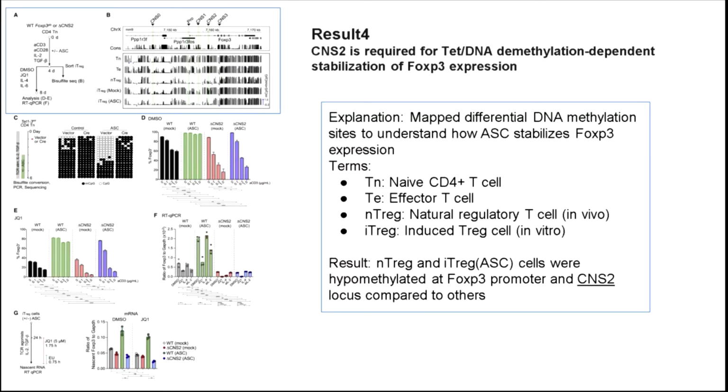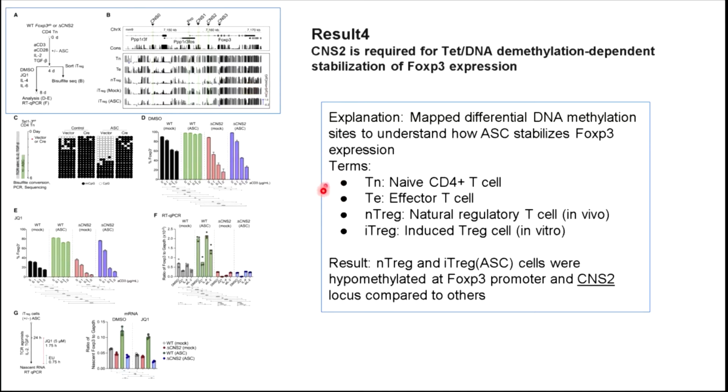The title of result 4 is CNS2 is required for TET and DNA demethylation dependent stabilization of Foxp3 expression. To understand how ASC stabilizes Foxp3 expression, they first mapped differential DNA methylation sites in several T cells.